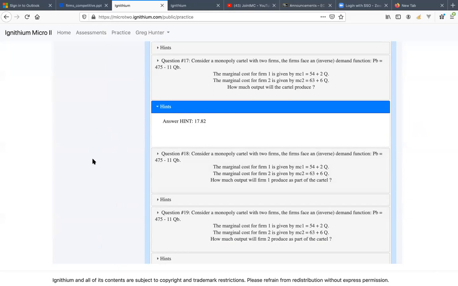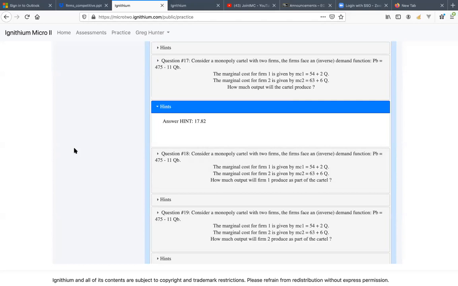Yeah. Okay. So remember, now we could go through all the process, but what it boils down to is, since we're dealing with a linear demand function, then the marginal revenue has the same intercept and twice the slope.